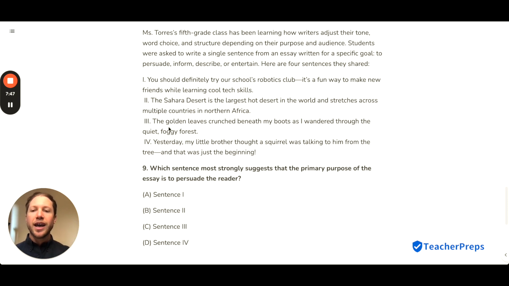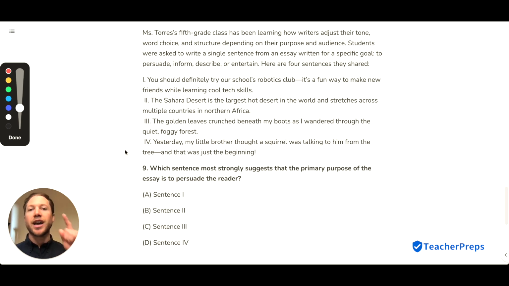Before we dive into this introduction and these 4 different sentences, what I highly recommend is to understand first and foremost what the question is asking you. So I'm going to skip reading the text passage first, read the question to understand what I'm looking for, and then go back up.